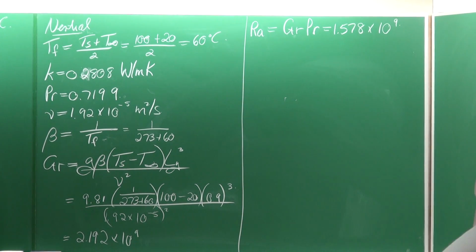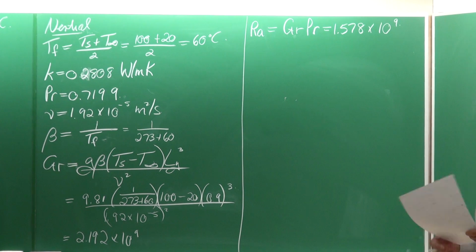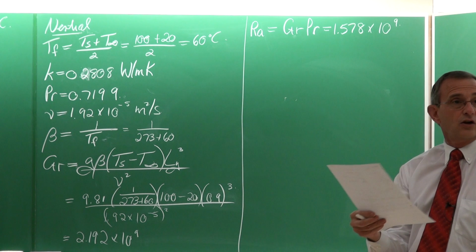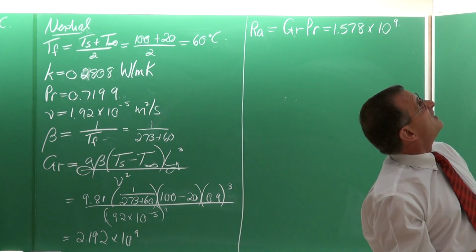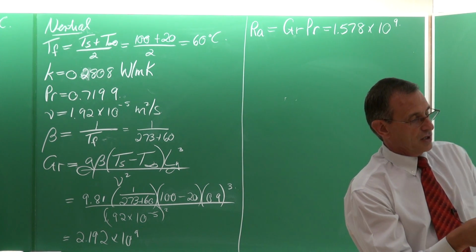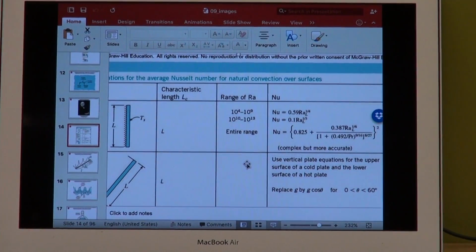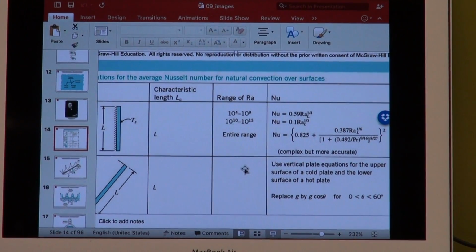Okay? And now we can calculate the Nusselt number. Now we've got three possibilities in terms of the Rayleigh number range. The Rayleigh number is about 1.6 multiplied by 10 to the 9.